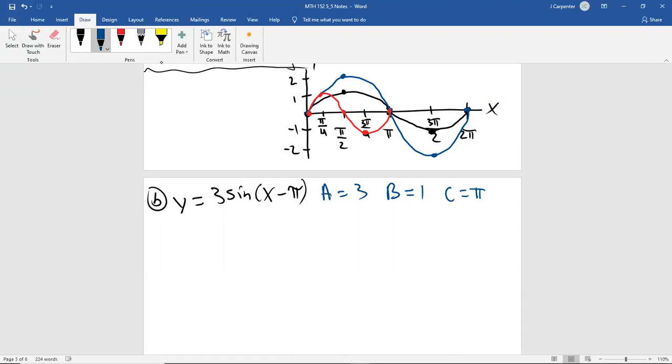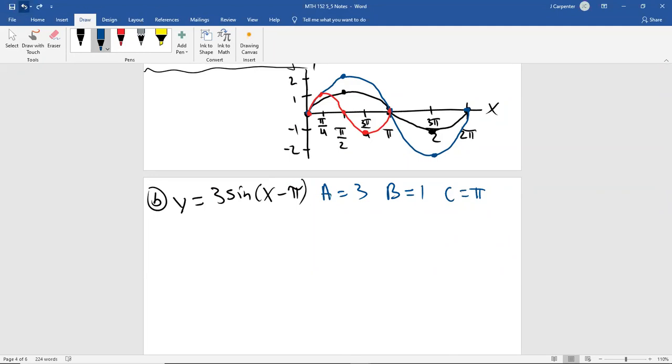But I don't care if you're messing up those signs as long as you get the location of the first shifted point correct. Because this is a minus, that means it's going to be shifting right. Again, that will be 100% proven if you choose to just set the inside equal to 0. You're guaranteed to get that. But a lot of people forget that concept and just go, oh, it's C over B.